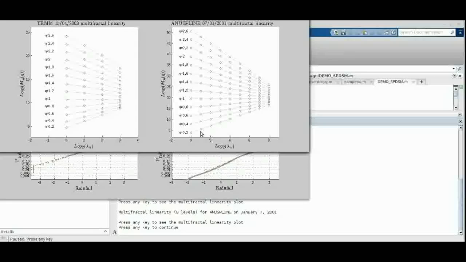And we observe that linearity also holds for all these resolutions, and we have tested this for all the moments that we use for TRMM information. What this tells us is that we can use a multifractal characterization of the random generator that we are going to use for downscaling TRMM information.